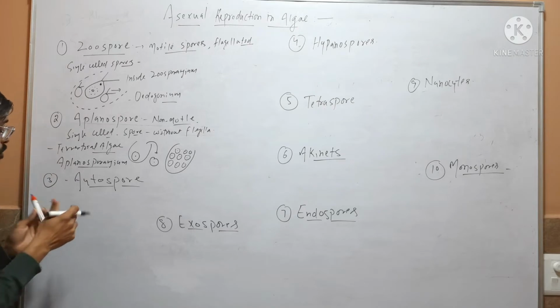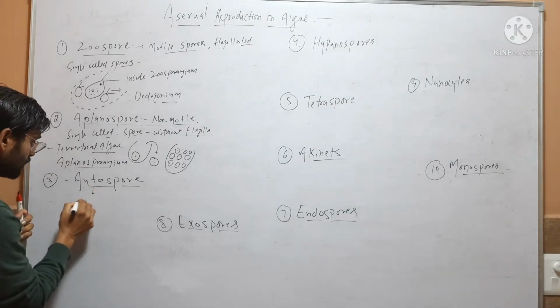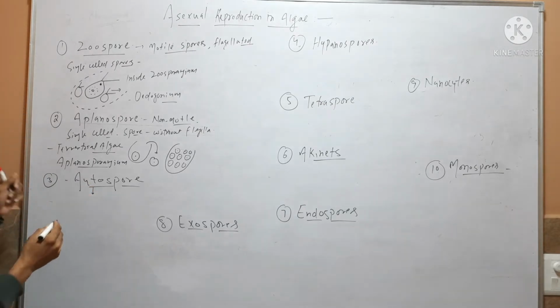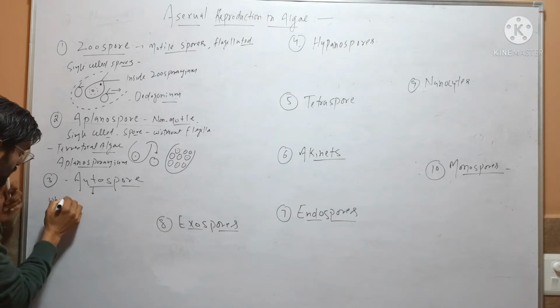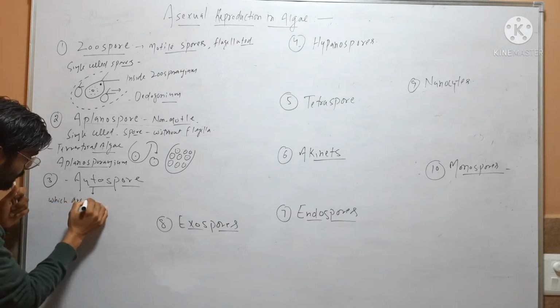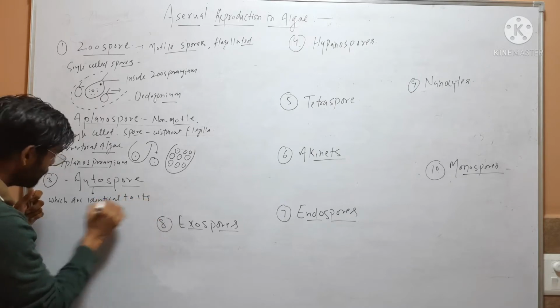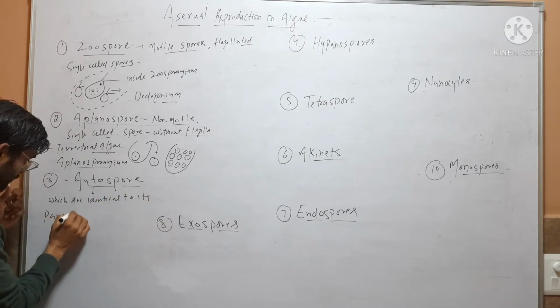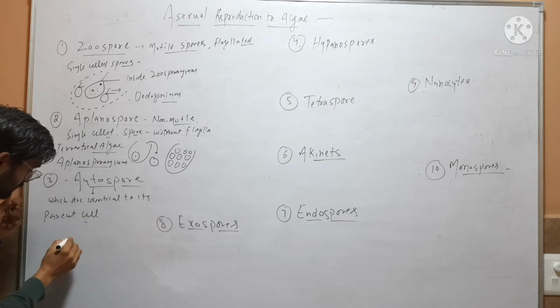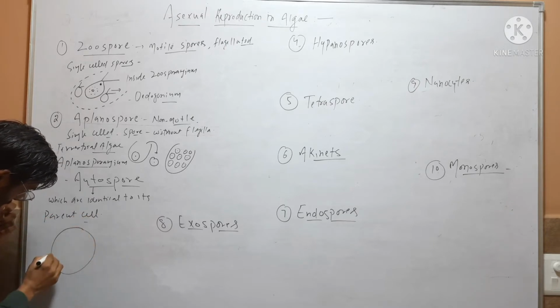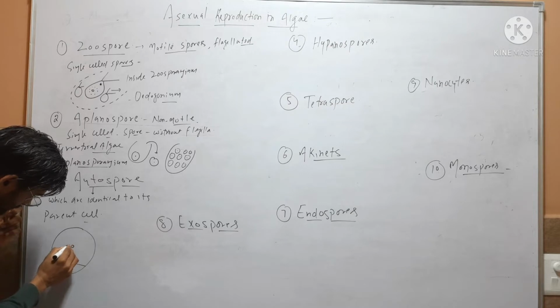So next is the autospore. So these are spores which are identical to their parent cell. For example, this is a parent cell and it's like this.